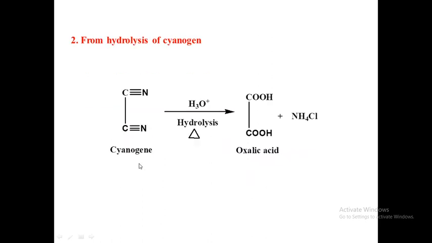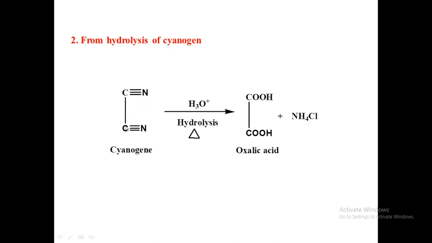Then the second method is from hydrolysis of cyanogen. What is meant by hydrolysis? Hydrolysis is a chemical reaction in which the water molecule splits into H plus and OH minus ions, and they take part in a chemical reaction. It may be acid or basic hydrolysis. Cyanogen is this one, CN bond CN.